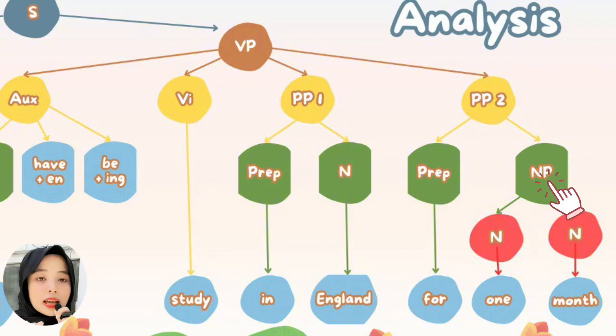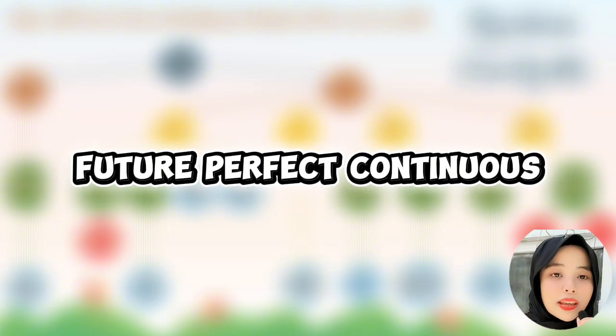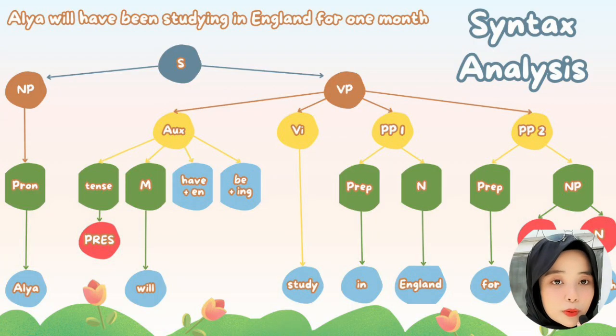Because why? Because there are two different words of noun, right? It can be classified as a noun phrase. So the tense in this sentence is future, perfect, continuous. There is a will, there is a have, and be.